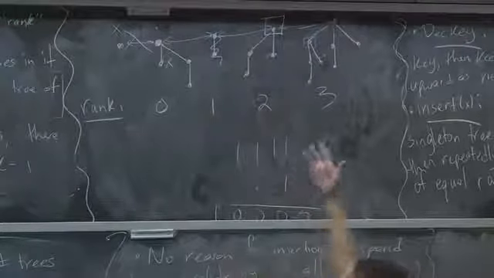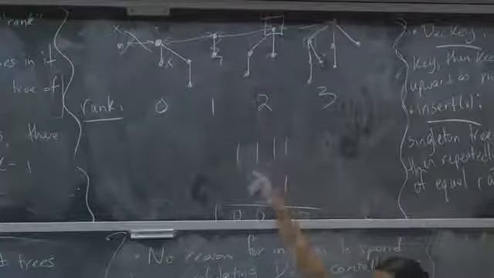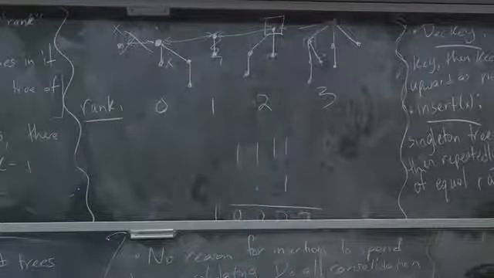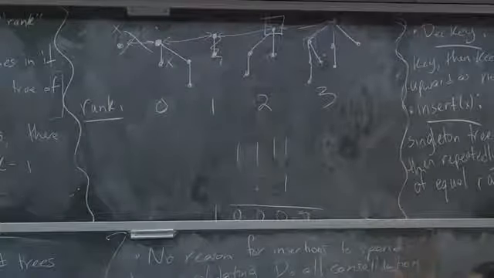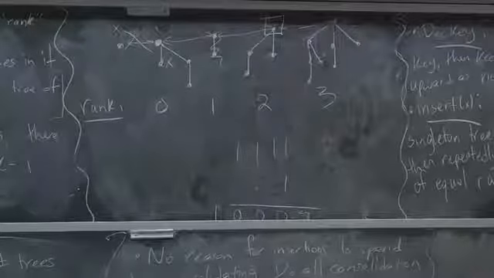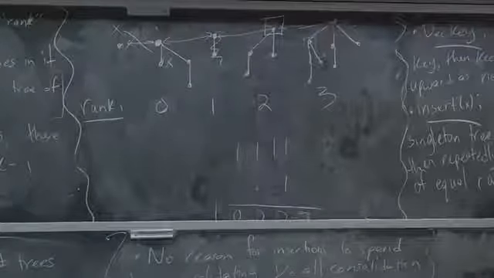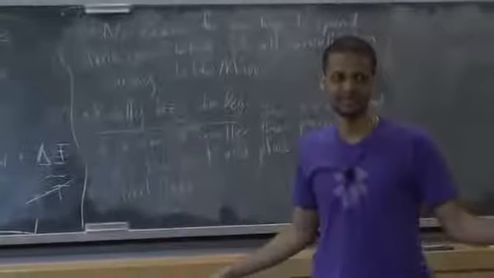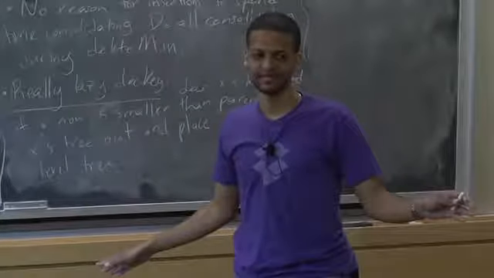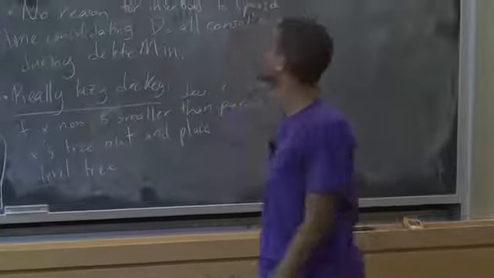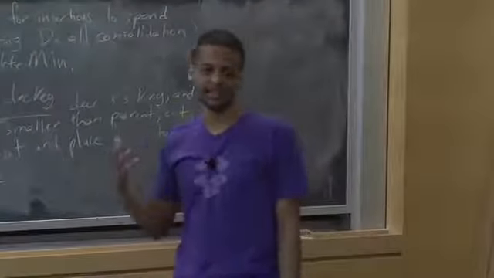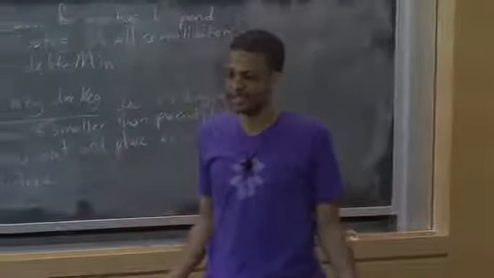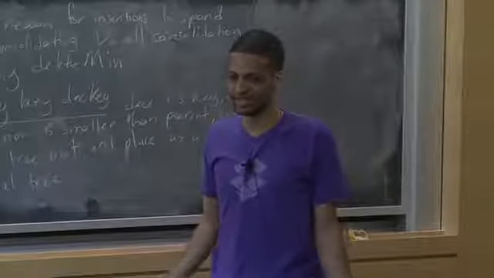So let's say that the maximum rank in your tree is k. It looks at k different roots, finds the min, then deletes that out of the tree, puts the children in, and then merges things. So in terms of k, what's the worst case running time? O(k), right? And what's the worst case for k in a binomial heap?